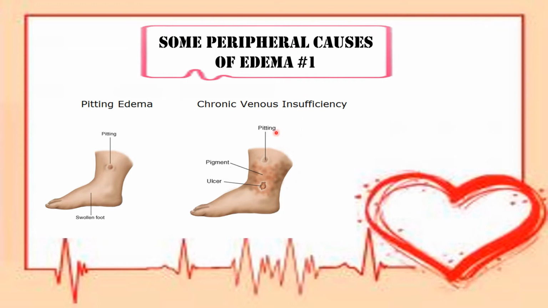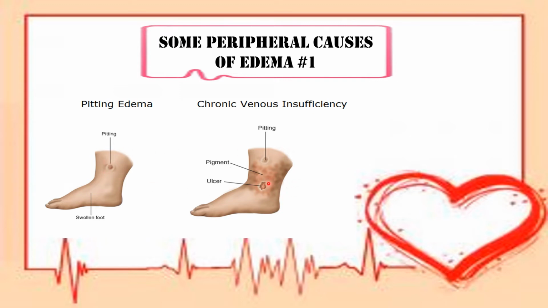On the other hand, we have here chronic venous stasis or chronic venous insufficiency rather. So it is a type of edema that is soft with pitting on pressure and occasionally bilateral. So you have to look for brownish changes and skin thickening. So it's unlike the pitting edema.